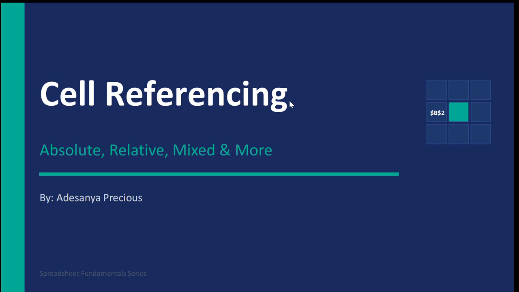All right. This is a very important aspect. So it's self-referencing. And for self-referencing, we have the absolute referencing, the relative referencing, the mixed, which are the three types of self-referencing.